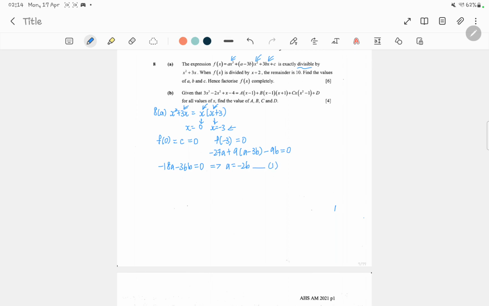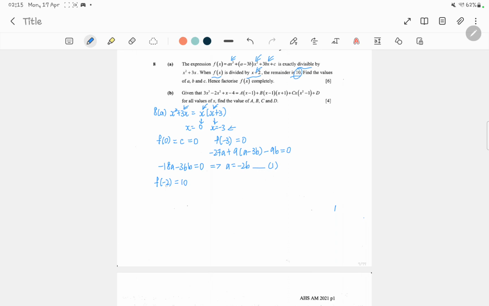Next, the question tells us when f(x) is divided by x plus 2, the remainder is 10. So what makes x plus 2 zero? x equals minus 2. So I'm going to substitute minus 2 into f(x), which equals 10, using the remainder theorem.